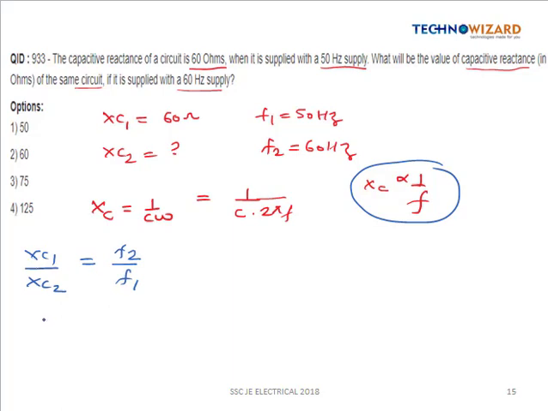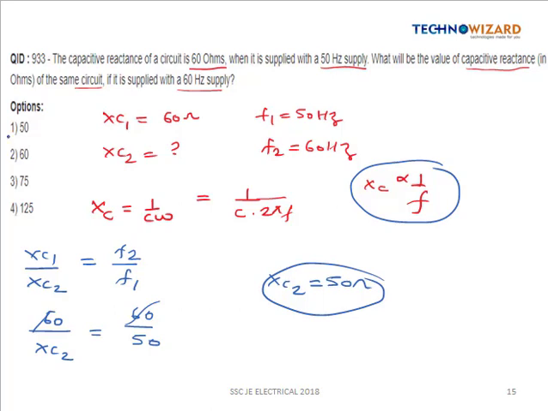So XC1 value is 60. We have to find out the value of XC2, and frequency, this is 60 by 50. So from here we are getting the value of XC2 as 50 ohm. So option A is the right answer.